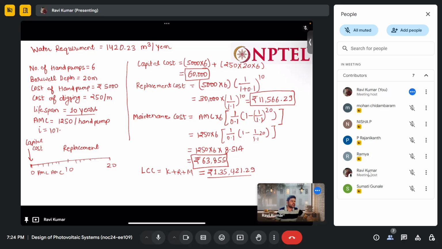Now let us divide it into yearly. So our ALCC will be, using this particular formula only, we will divide it with these things. So if this goes to here, we can get the yearly division. So our ALCC will be LCC divided by present worth factor.